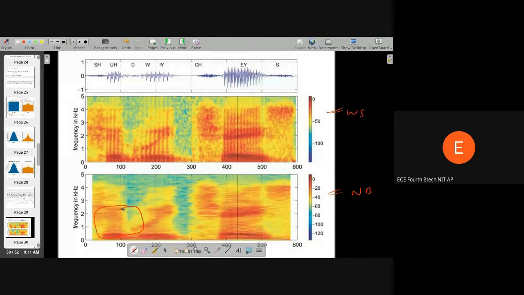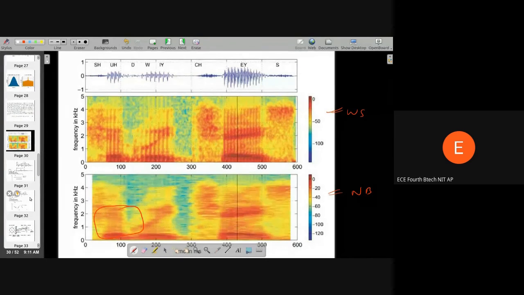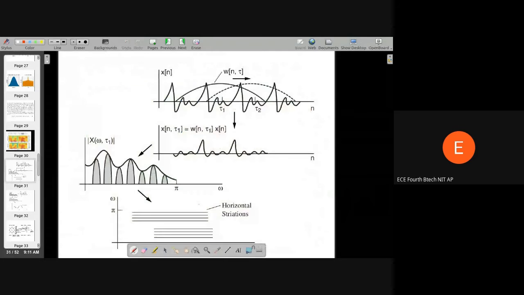It happens because there is no feedback from your side. But I think the following slides cleared what I was trying to say: horizontal striations for narrowband spectrogram and vertical striations for wideband spectrogram.